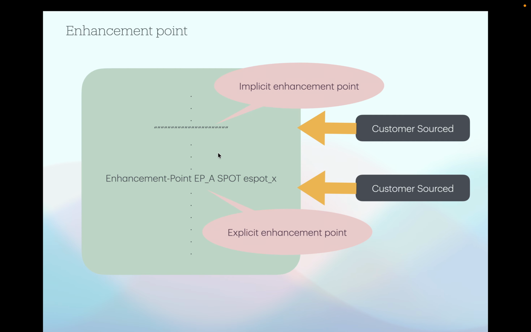These are at the start and end of the program. Usually SAP automatically provides the provision to add the implicit enhancement without modifying or disturbing the standard code. But if you want to check an enhancement point with the framework, that is an explicit enhancement point, which needs to be configured by SAP standard development.